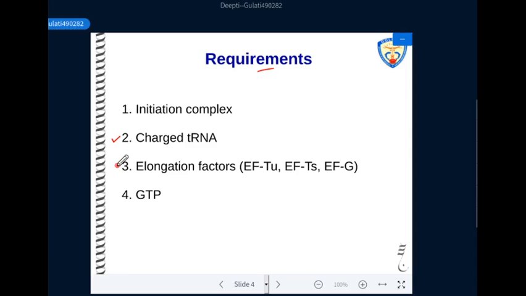We require elongation factors. There are three elongation factors which are required: EF-Tu, EF-Ts, and EF-G. And we require energy, and that energy is in the form of GTP hydrolysis.